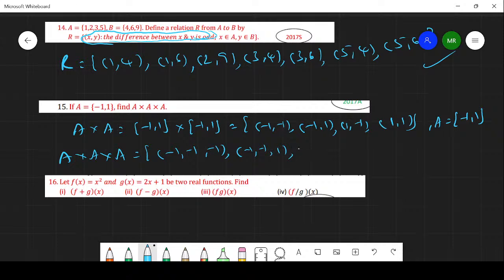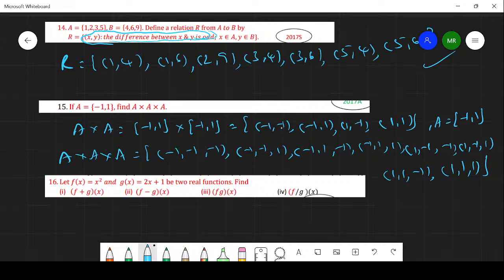Now you start with this: (-1, 1) with -1 and with 1. Now this element, (1, -1): be careful. (1, -1) with -1, again (1, -1) with 1. Be careful when you are writing. Now with the last ordered pair, (1, 1), I can write it with -1 and 1.